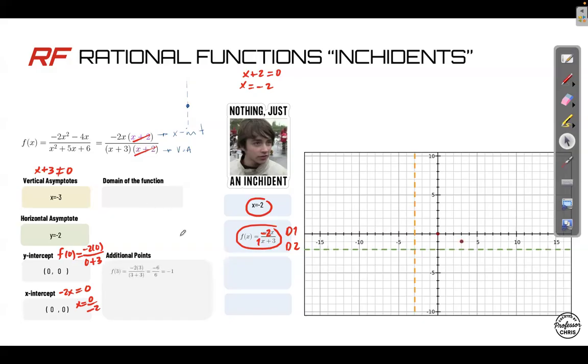Now, let's find some additional points like we have done in the past. We're going to evaluate the function at minus 3. The function that we're using right now is the simplified one, the one after canceling those terms out. So you're doing f of minus 3 and you get minus 1. You evaluate at minus 4 and you get minus 8.